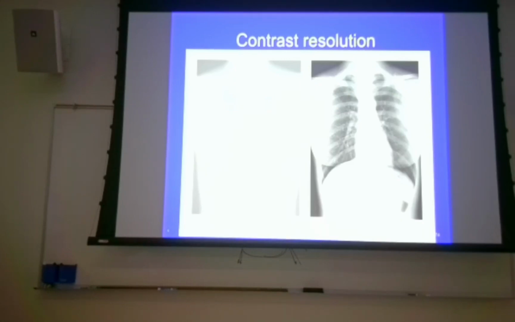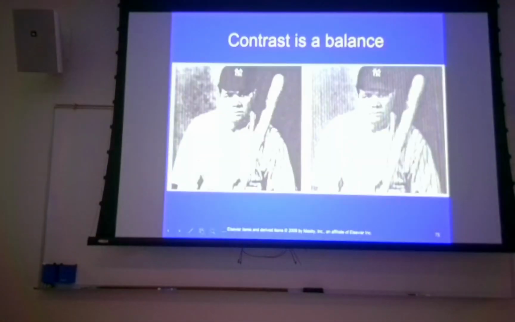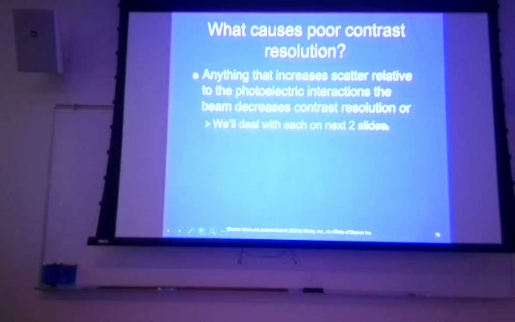We don't want to see it like this, right? That's got some sort of problem. Even if this says it's a film image, and I don't doubt that, even in screen film radiography, that's an ugly gray image. So Babe Ruth, if you don't know who that is, he was a baseball player a long time ago. So what you've got then is high contrast, low contrast.